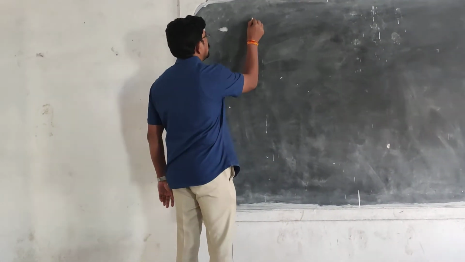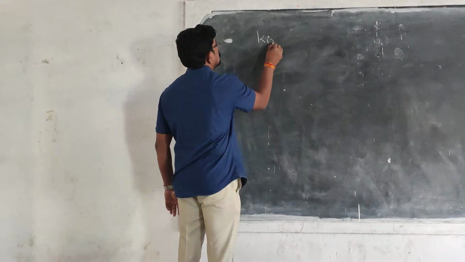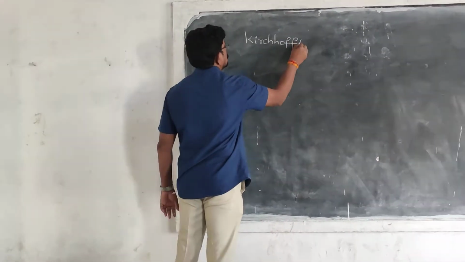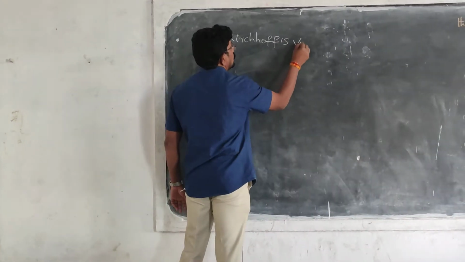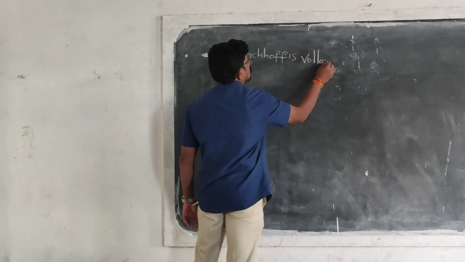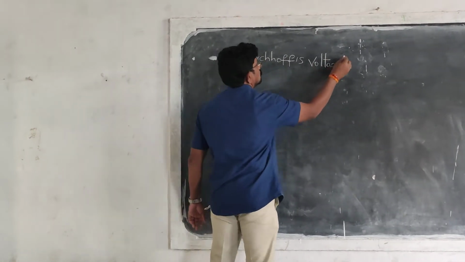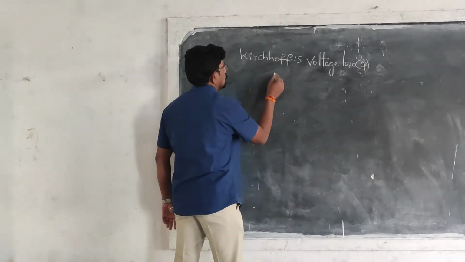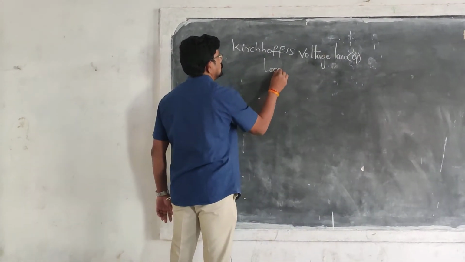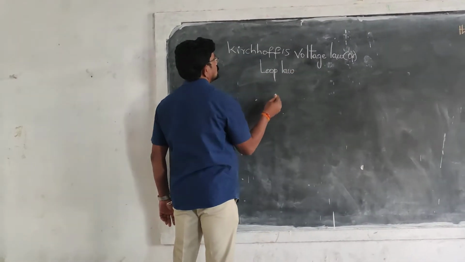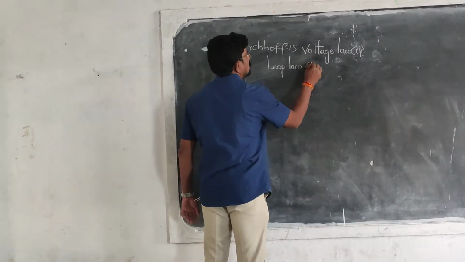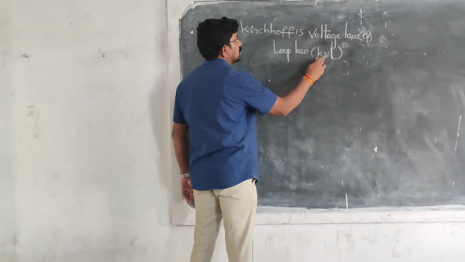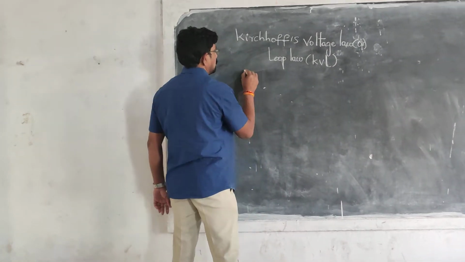So, in this session, we will learn Kirchhoff's voltage law or loop law. In shortcut, we call it KVL. K stands for Kirchhoff's, V stands for voltage, and L stands for law.